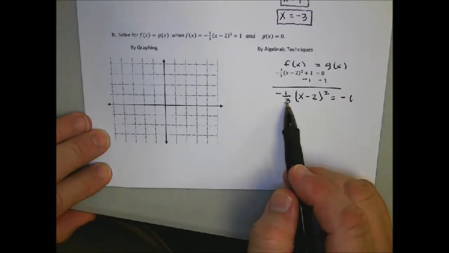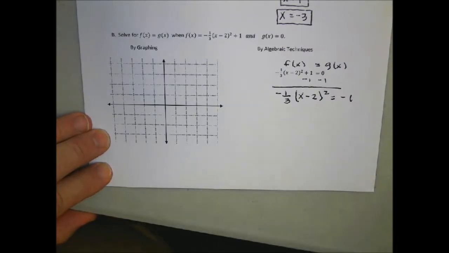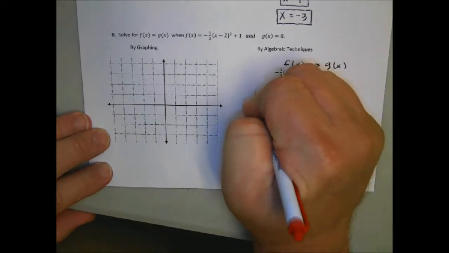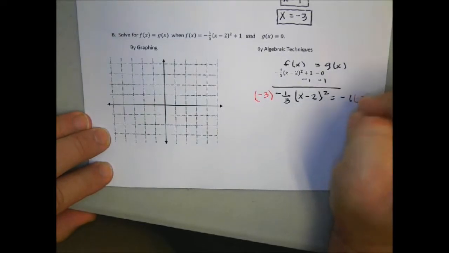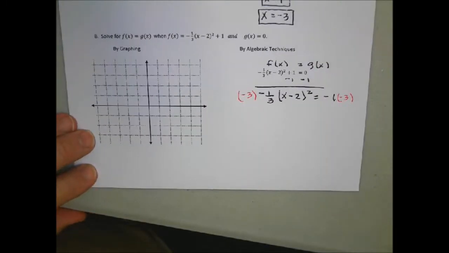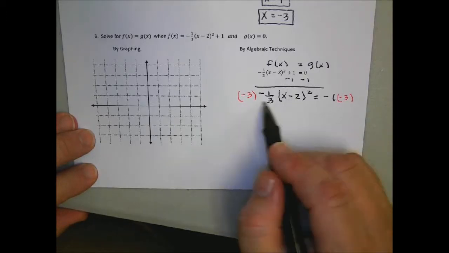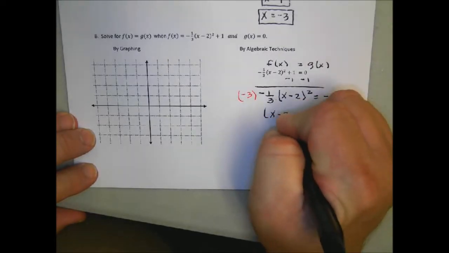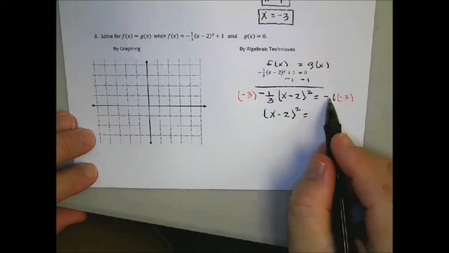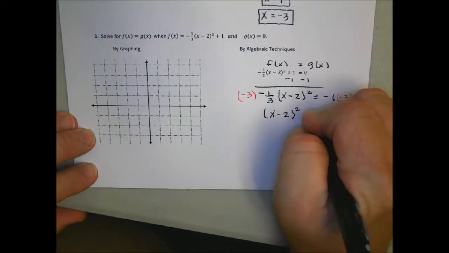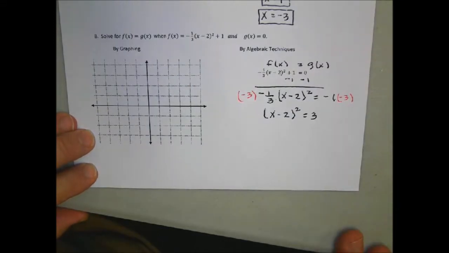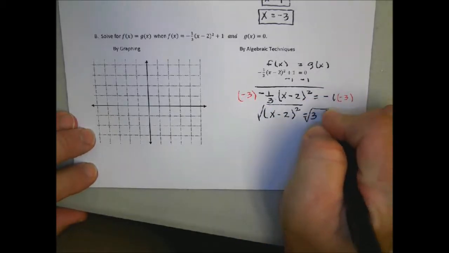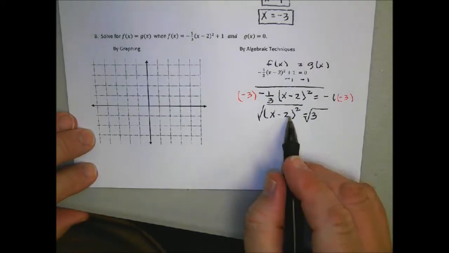Now, the way to get rid of that negative 1/3 leading coefficient is multiply by the reciprocal, which would be negative 3. So both sides get multiplied by negative 3. And we're left with, those two cancel each other, and we're left with (x minus 2) squared equals negative 1 times negative 3 is positive 3. Now the next step would be square root both sides to get rid of that square, and here's where we're getting into a little bit of trouble.